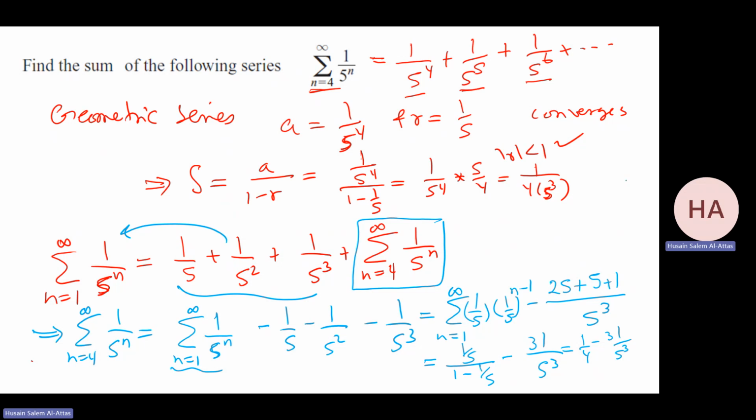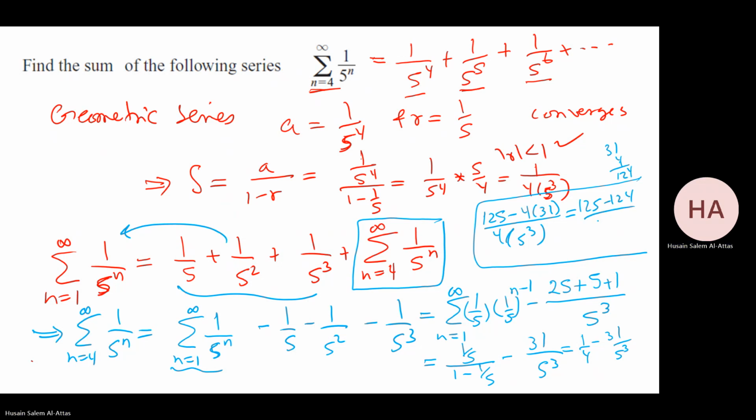Let me do this here, just to save time. I have 5 cubed, which is 125, minus 4 times 31, over 4 times 5 cubed. I think it's the same answer. It's 125. What is 31 times 4? It will be 124, yes.